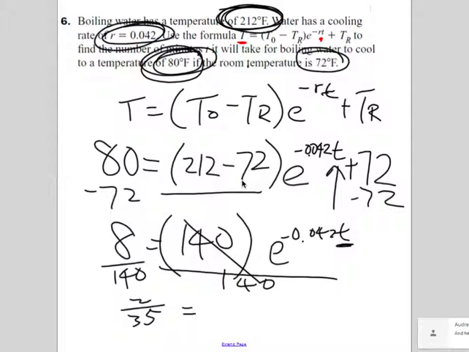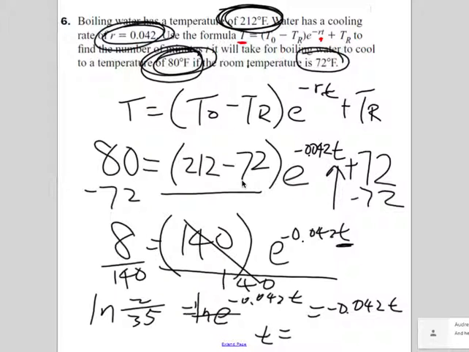Equals e to the negative 0.042 T. To get rid of the e, take the natural log of both sides. This is now just equal to negative 0.042 T. So my T is now equal to the natural log of 2 over 35 over negative 0.042.